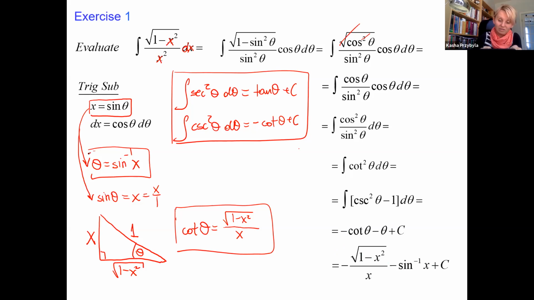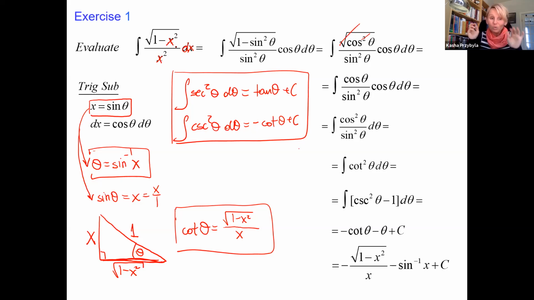Please always use the triangle method. One small hint: do you see we computed the third side? It was the adjacent, the square root of 1 minus x squared. Do you see the same square root in the original integrand? That's always the case.